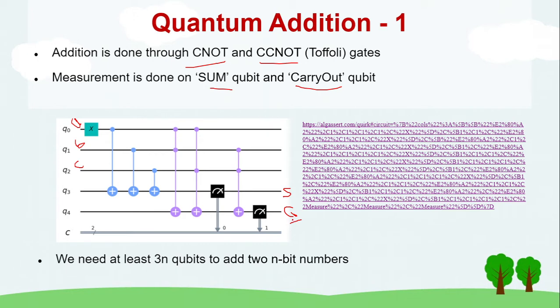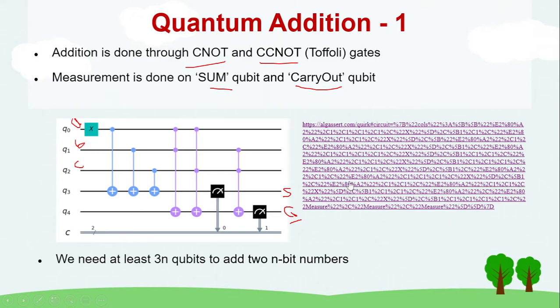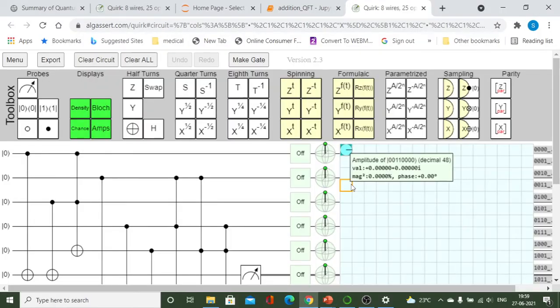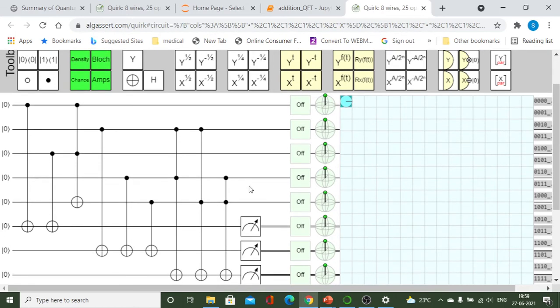So this is something similar to what we have seen in classical addition, but using different gates, correct? So we will run it in a simulator. This circuit I have already made so that we save some time.